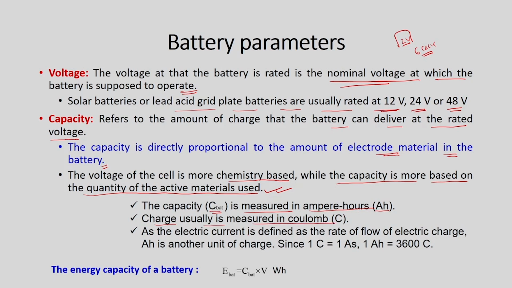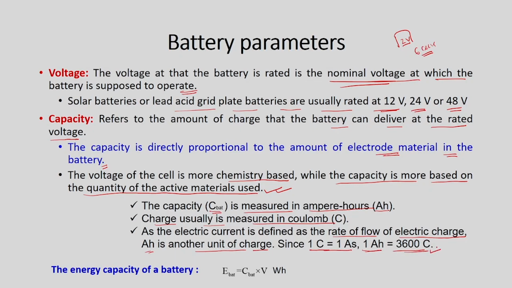Ampere second. Electric current is defined as the rate of flow of electric charge. Ampere hour is another unit of charge, since 1 coulomb is 1 ampere second. If we multiply this with 3600, it becomes 1 ampere hour, which is nothing but 3600 coulomb.